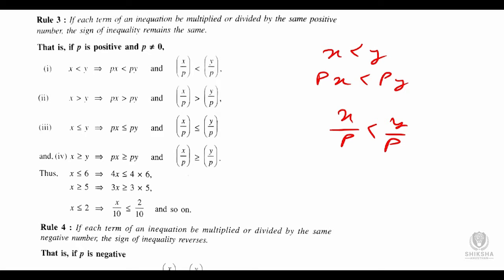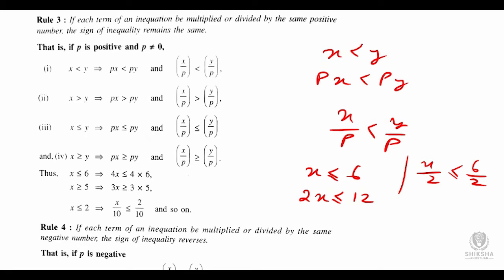So if you take a real example, x less than or equal to 6, and if you multiply both sides by 2, then 2x less than or equal to 12. Or if you divide both sides by 2, it becomes x by 2 less than or equal to 6 by 2. So this is how it operates.